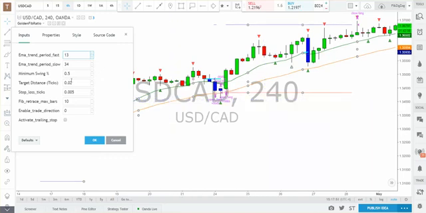This is going to change. If you're trading the 5-minute chart, this will not work. You will not see any trades on the 5-minute charts, or very few trades, because the swings on a 5-minute chart are much lower, percentage-wise.